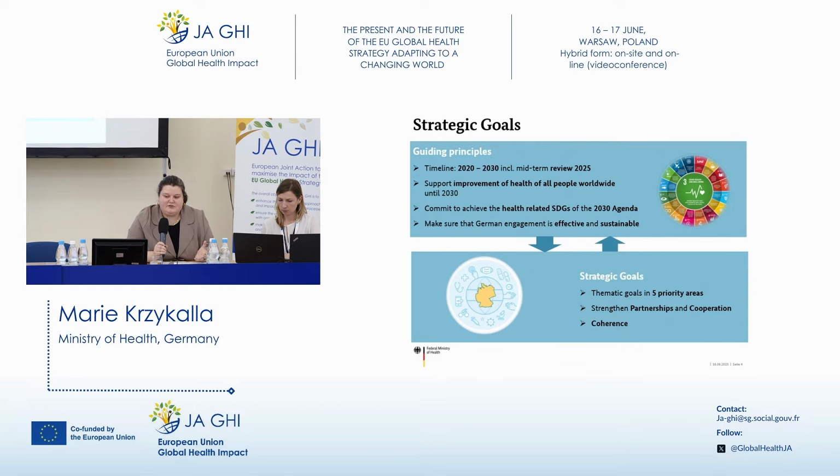And those are first to improve the health of all people worldwide with a human rights-based approach to leave no one behind, and also to contribute to achieving the health-related SDGs of the 2030 agenda, and also to ensure that Germany's engagement is effective and sustainable. And these goals provide the overarching framework for action and coordination across sectors and actors.